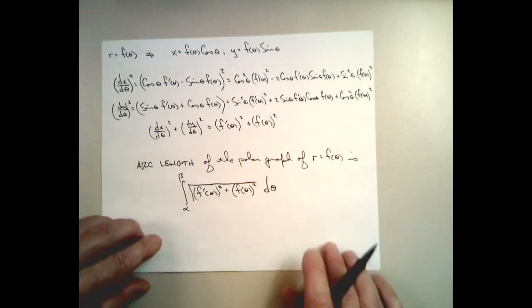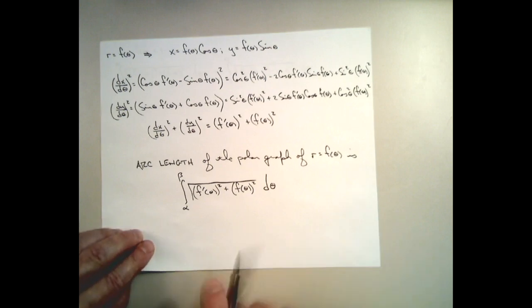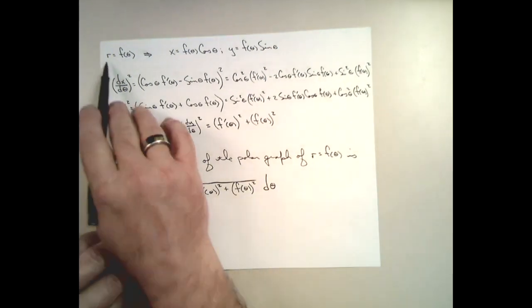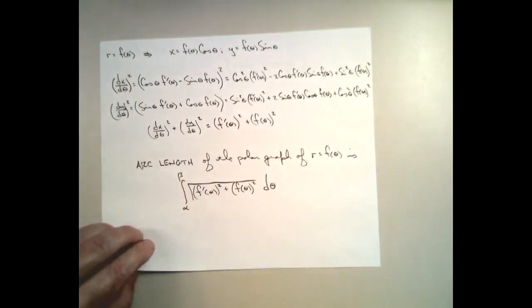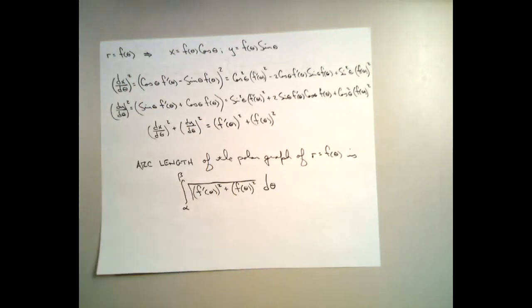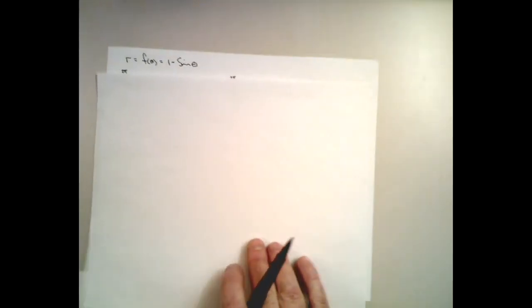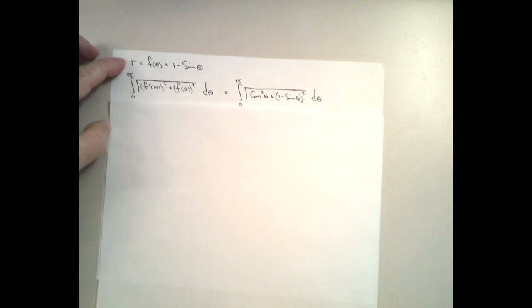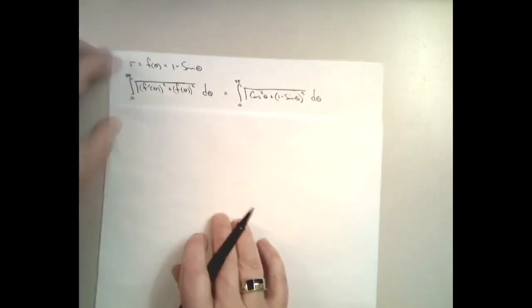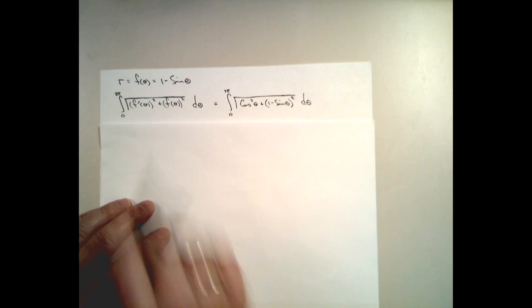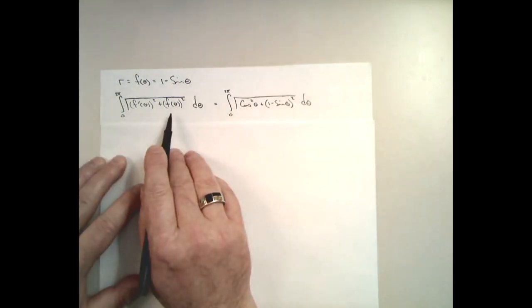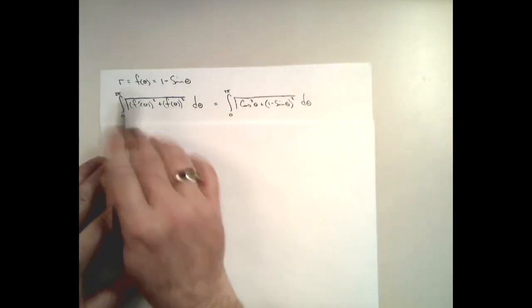Let's do the one we're working with in particular. So for our case, we're working with r equals 1 minus sine theta, and our theta is ranging from 0 to 2 pi. And so the result that we just developed for our particular case is going to be, so here's f of theta.